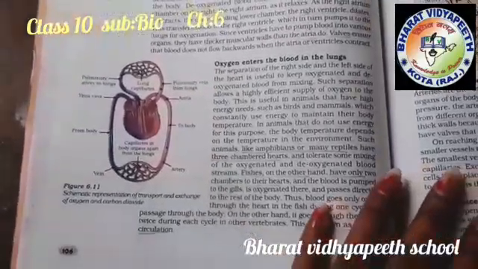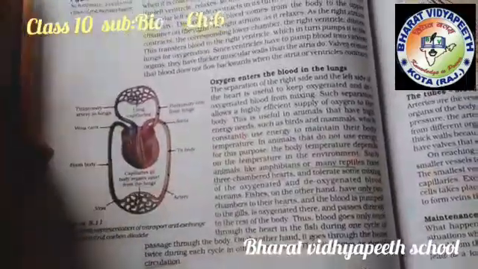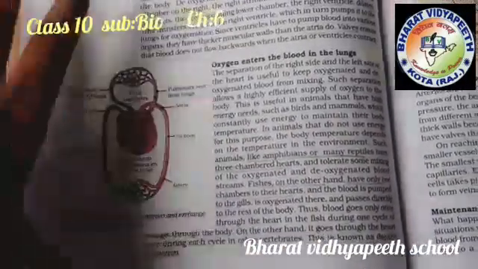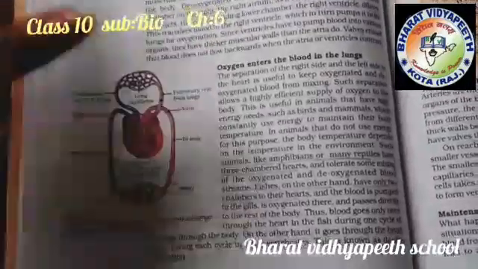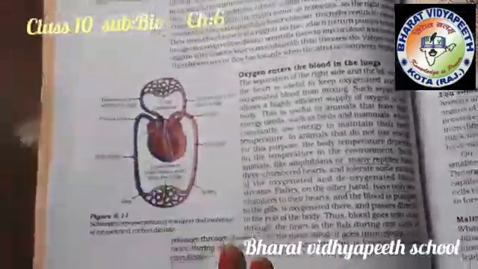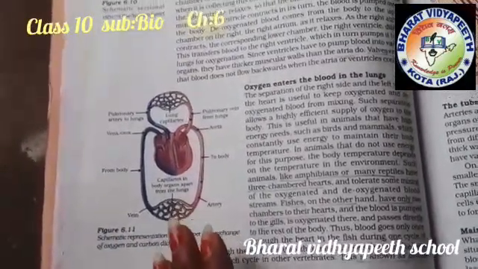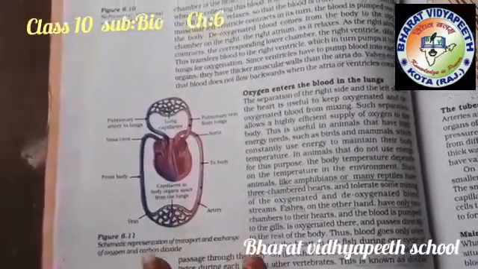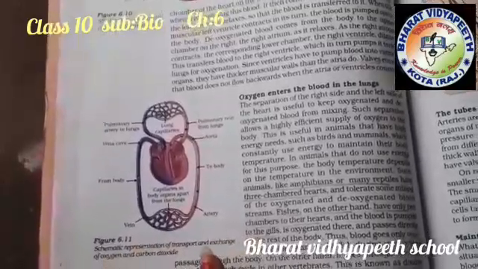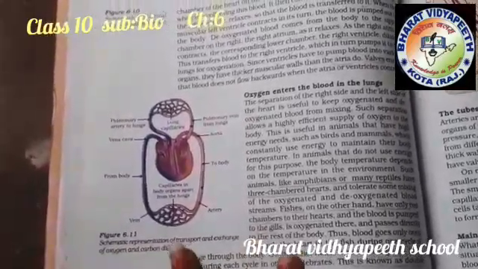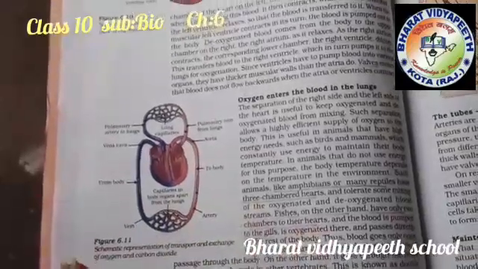Why is the heart divided into a left side and a right side? Because the mixing of blood should not take place. Oxygenated blood should not get mixed with deoxygenated blood. To avoid this situation, the heart is divided into 4 chambers, a left side and a right side.